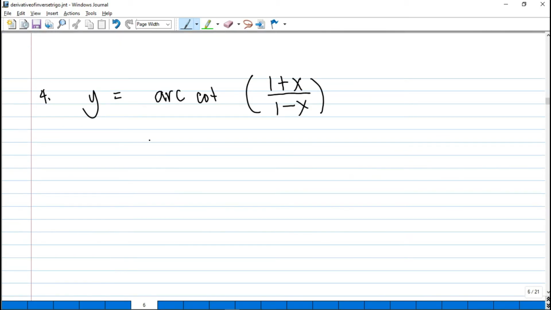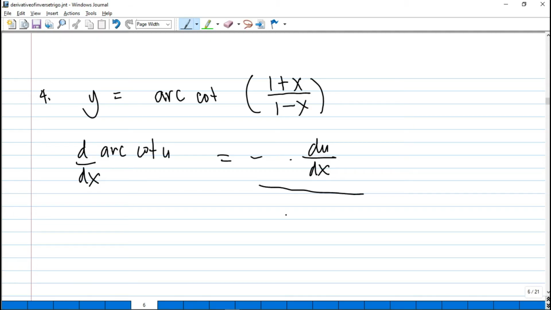From this fourth problem, we have y is equal to arccotangent of (1 plus x) all over (1 minus x). So the derivative of arccotangent u with respect to x is equal to negative du over dx all over 1 plus u squared.